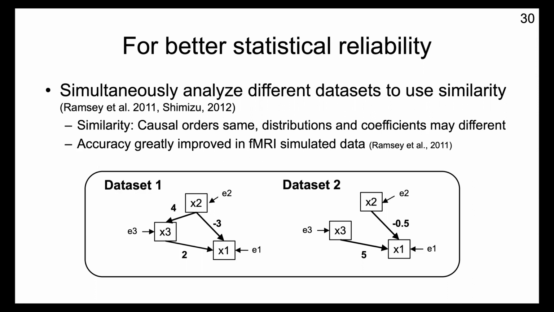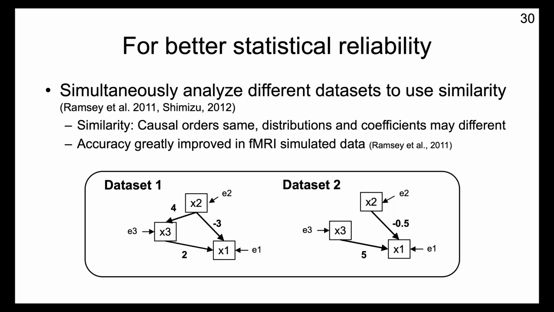Okay, so another way to improve statistical reliability would be to use multiple datasets. We use some similarities of those datasets to improve the statistical reliability.